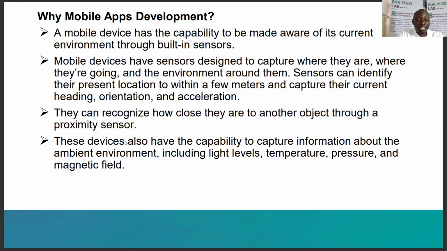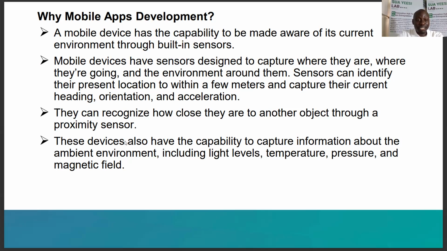Sensors can, for example, identify the current location within a few meters, capture the current head orientation, acceleration, movement of a car, for example, movement of a person, movement of a device that a mobile phone is integrated with, etc. So they have those kinds of capabilities to capture information about the ambient environment, light levels, temperature, pressure, or even magnetic field.